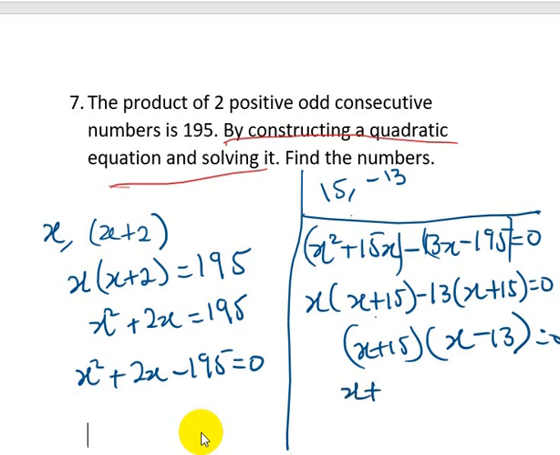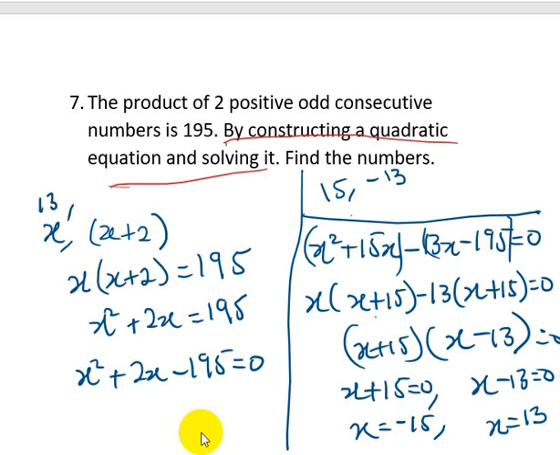So now what we do is we equate them to 0. So x plus 15 equal to 0 and x minus 13 equal to 0. So we're going to get x being equal to minus 15 in the first one, and the second one is going to give us x equals 13. So it means that the first number for this question to hold is 13, and the second number is 13 plus 2, that is 15.